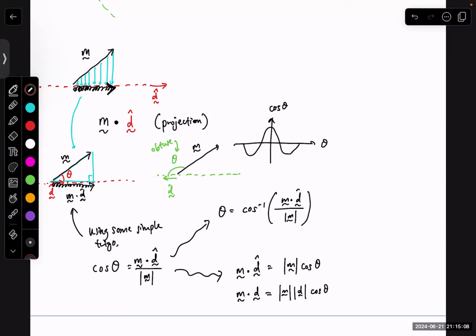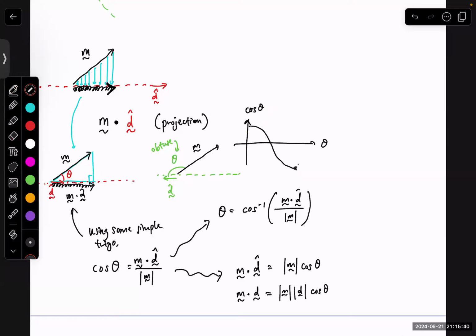Okay, so cosine. When your angle is obtuse, okay, so let me draw the dotted line here. This part is acute. Okay, let me draw the cosine curve a little bit fatter so you can see more clearly. So let's say like this.